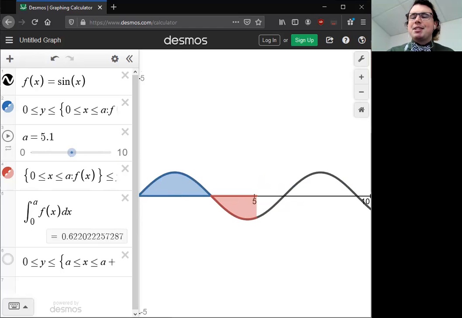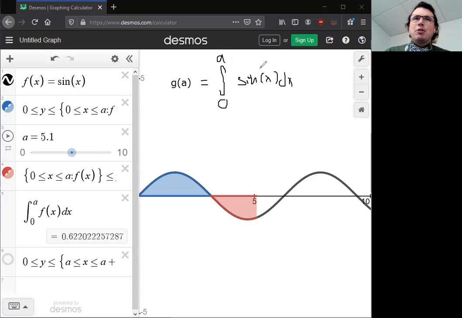So I started off with this sine function, and I'm going to say that my new function, g of, let's say, a, and my input variable will be a for this problem. This is the integral from 0 up to a of sine of x dx.